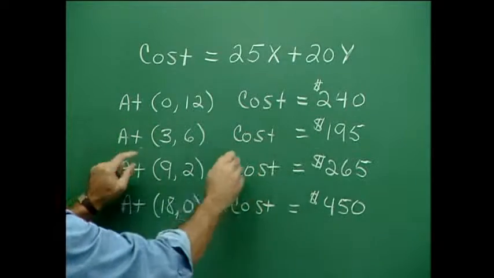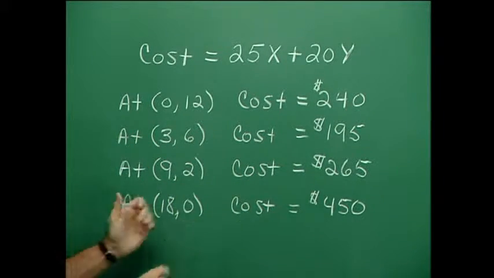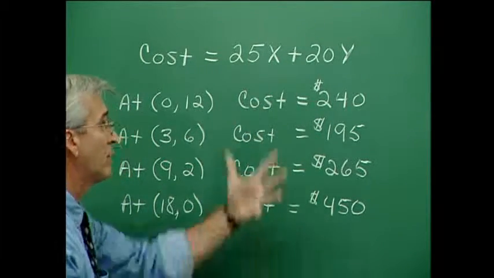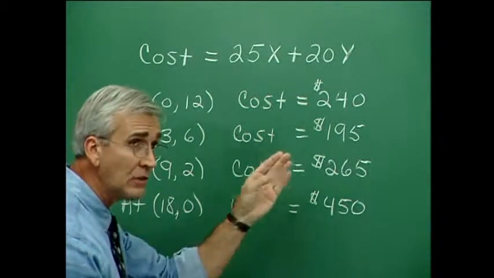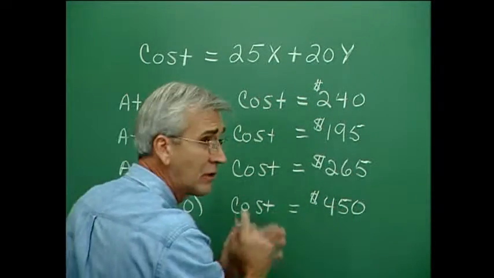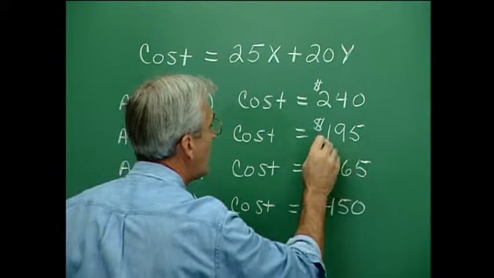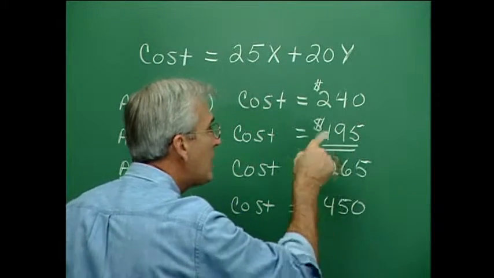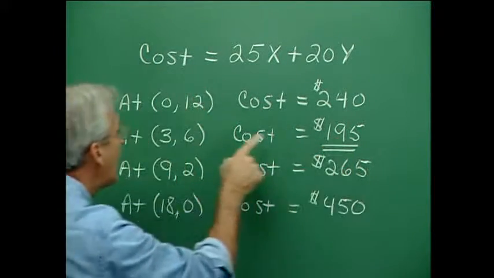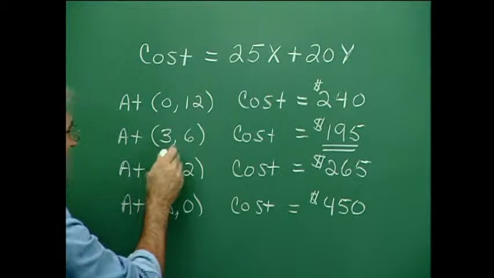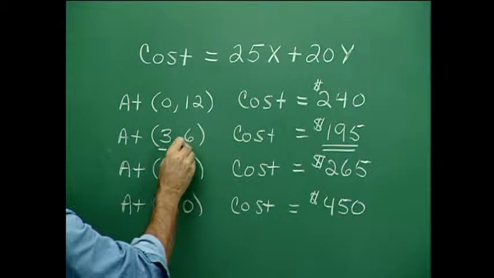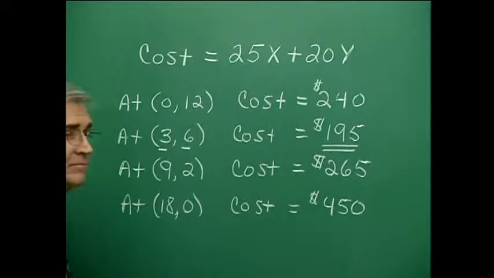We do the same thing at all of these other values, and we find these cost figures. Now, if we want to minimize cost, we just take the smallest cost that we see over here. We see $195. And that minimum cost is achieved by purchasing or mixing 3 bags of brand X and 6 bags of brand Y.